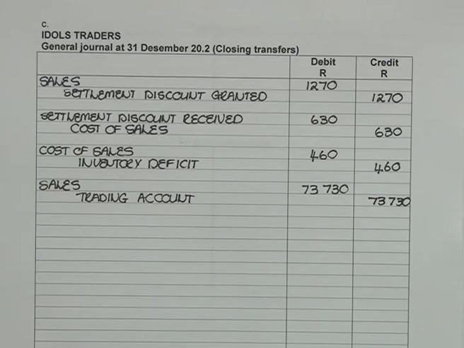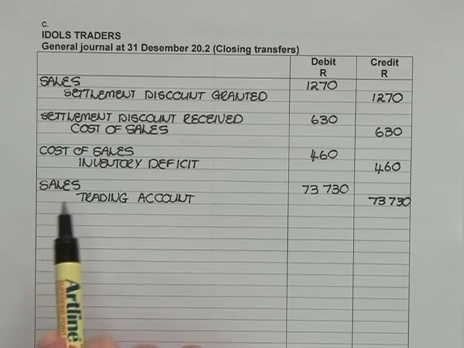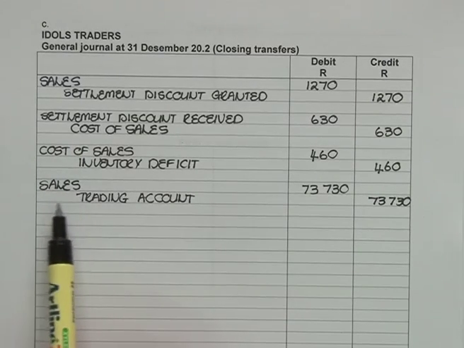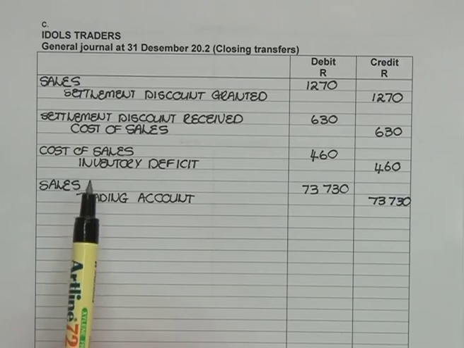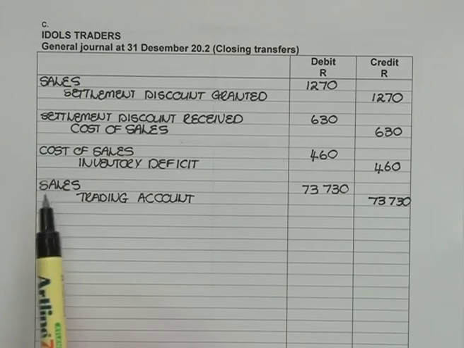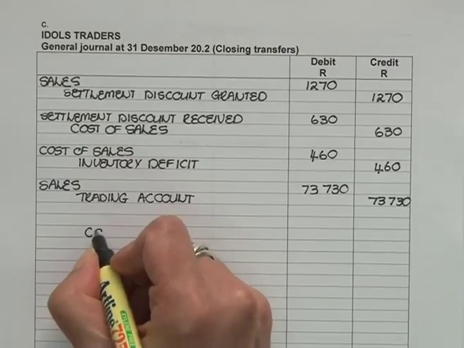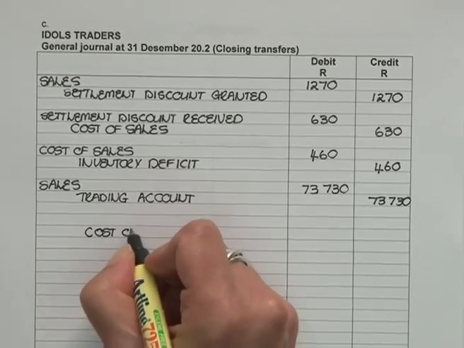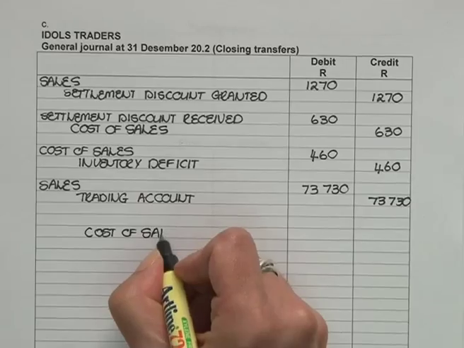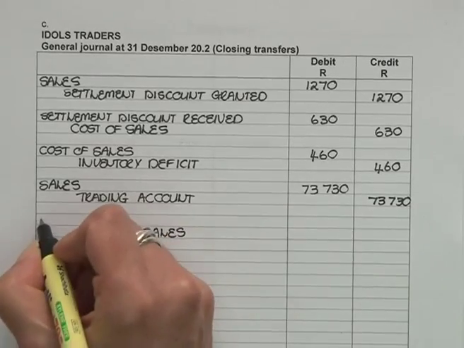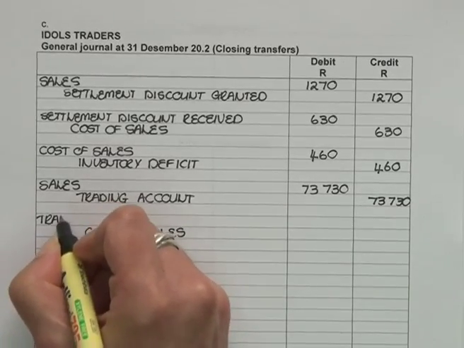Okay, the next step to calculate gross profit is to take the net cost of sales and close that off to the trading account. If we got rid of a credit by debiting the sales, I'm now going to credit my cost of sales account. Corresponding debit in the trading account.